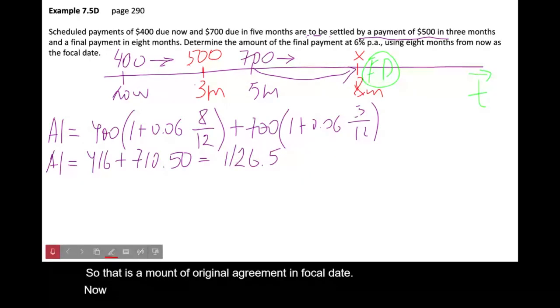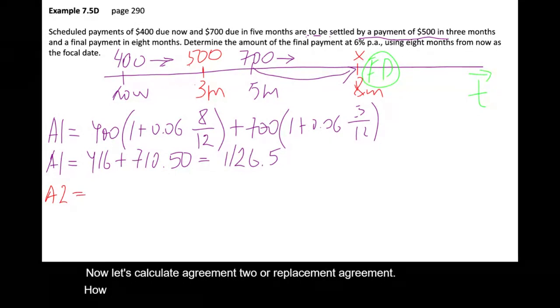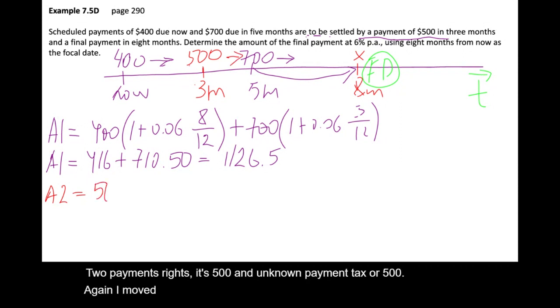Now let's calculate agreement 2 or replacement agreement. How many payments I have in agreement 2? 2 payments, right? It's 500 and unknown payment X. So 500, again, I move to the future. So future value formula.